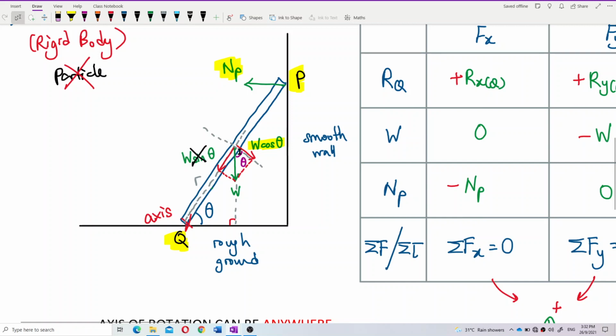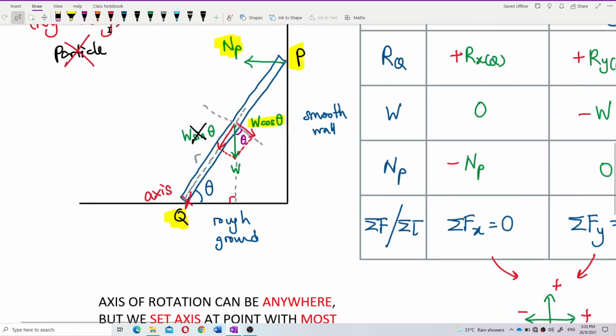Which direction does it rotate? Look at how it rotates. This is the axis of rotation. So this W cos theta rotates clockwise. We can draw it like this. You see that? It rotated clockwise.